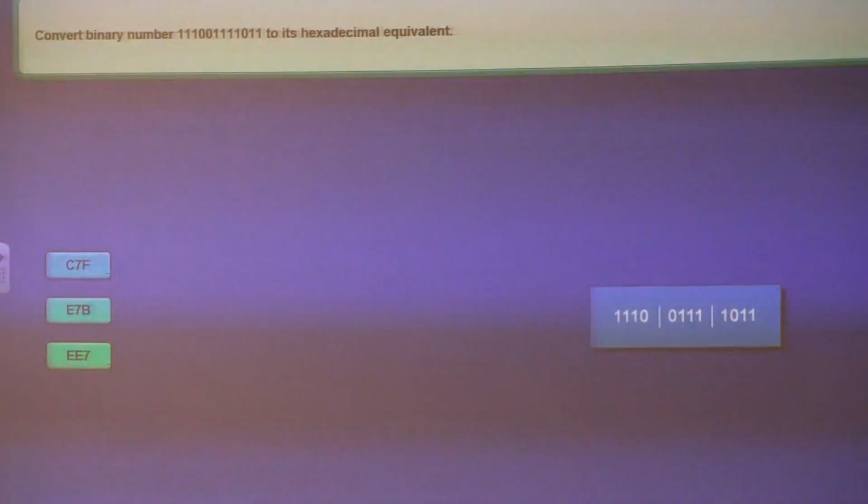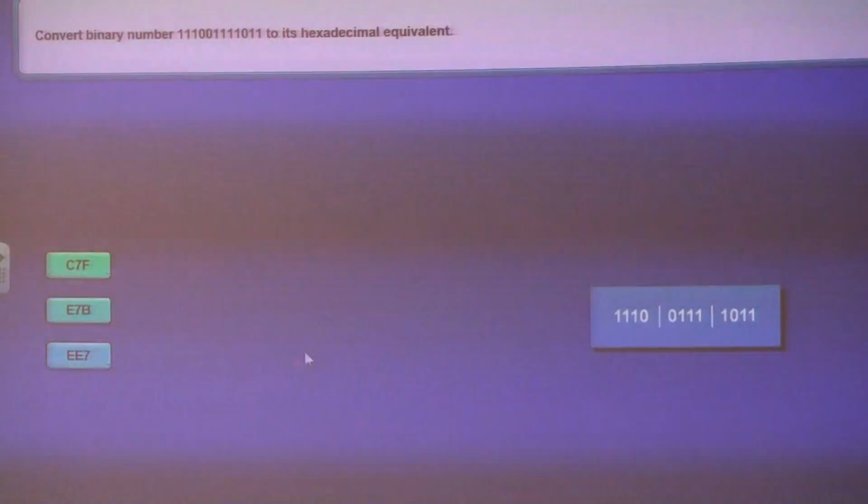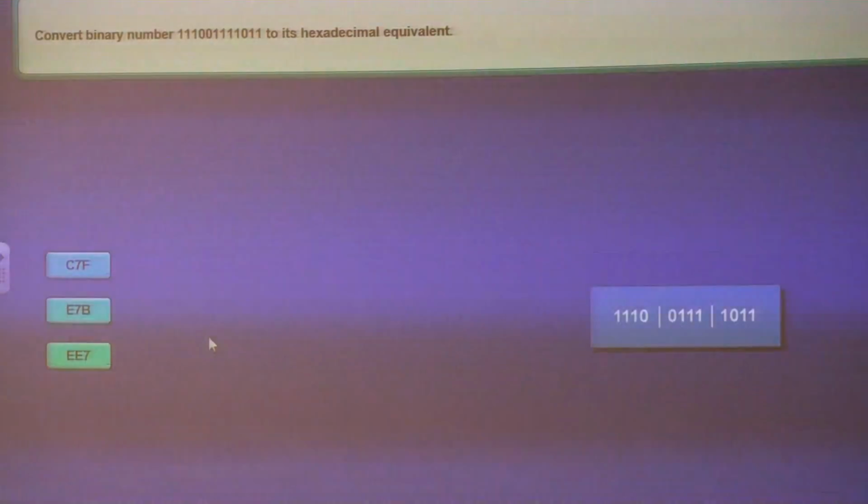Shouldn't that be D? It's D. That's what I was thinking when I did it out, it wasn't right, but that should be a D. 8 plus 4 plus 2, that's 14. I said it wrong, I think.